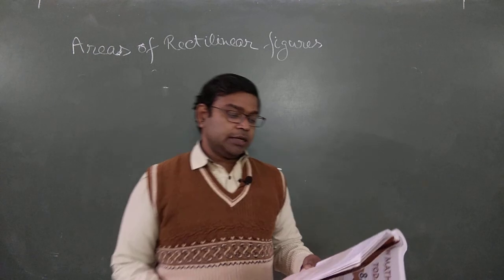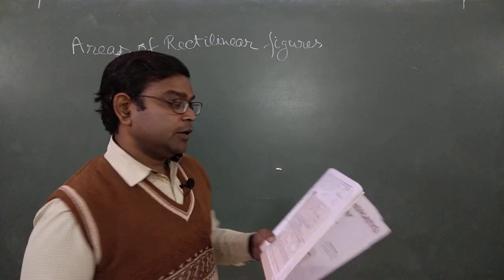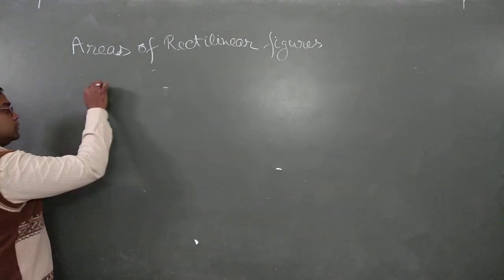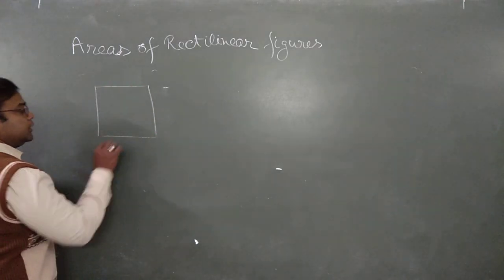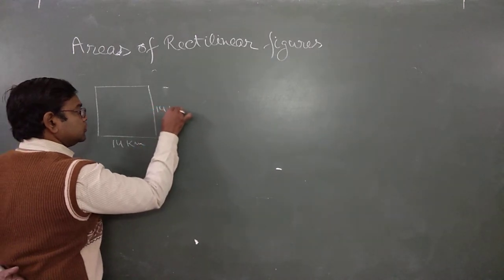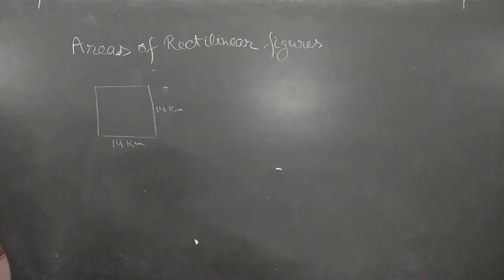First question: find in hectares the area of a square shaped field 14 km long. Means the field is of square shape, each side equals 14 km, and you have to find the area in hectares.